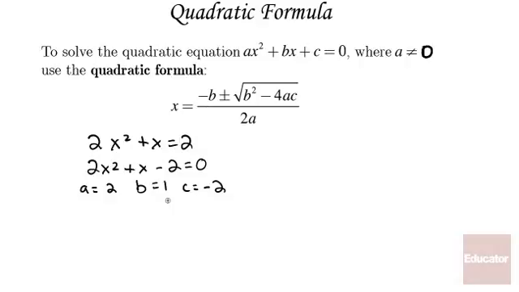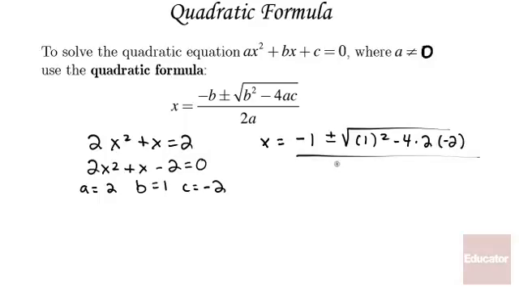So I'm going to substitute my values for a, b, and c into this formula to get x equals -b, so that's -1, plus or minus the square root of 1 squared minus 4 times a, which is 2, times c, which is -2, and all of that is divided by 2 times a, which is 2.